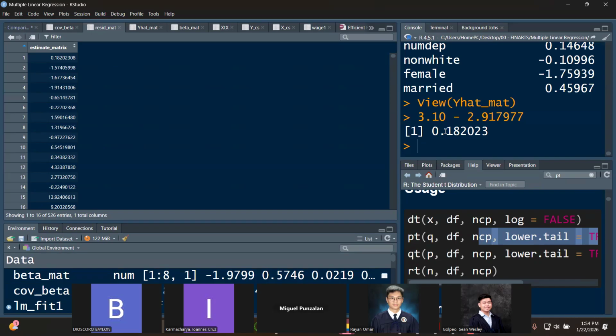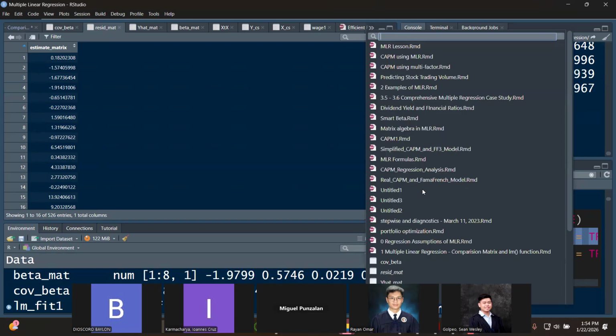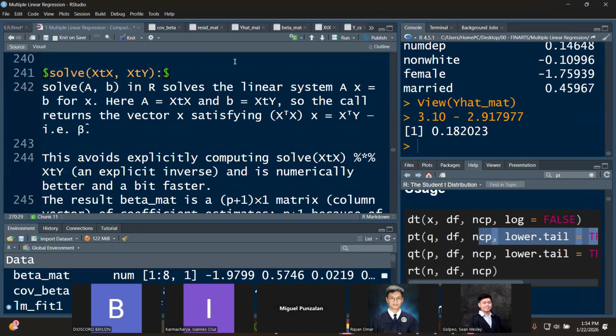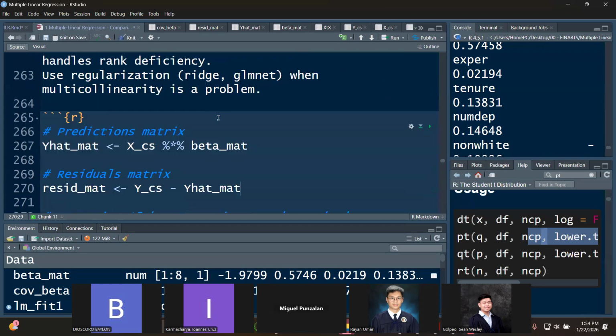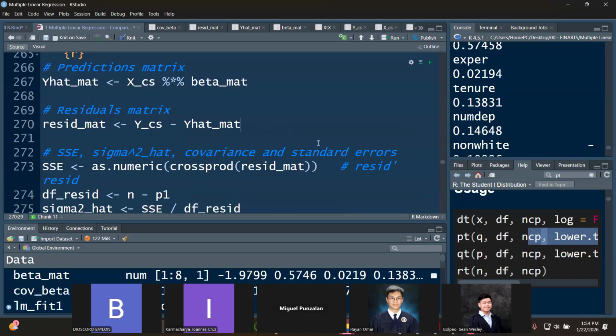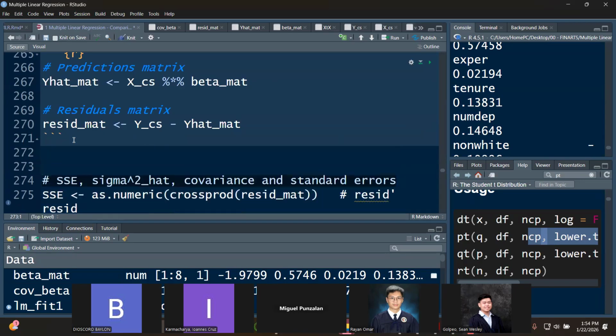That's the difference between your actual value and your predicted value. And each of the 526 observations will have its own residual. All right. So going back, we were able to compute the y hat and the resid mat. Next, let me put this in another code.